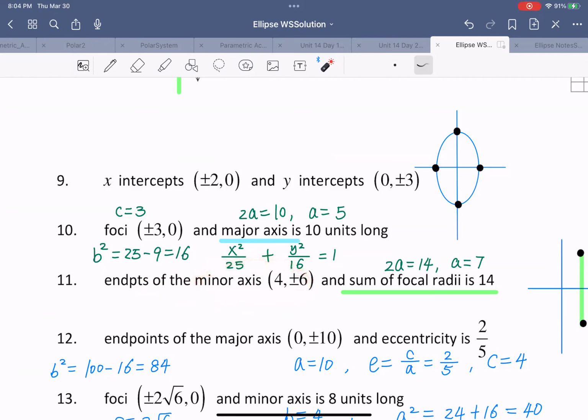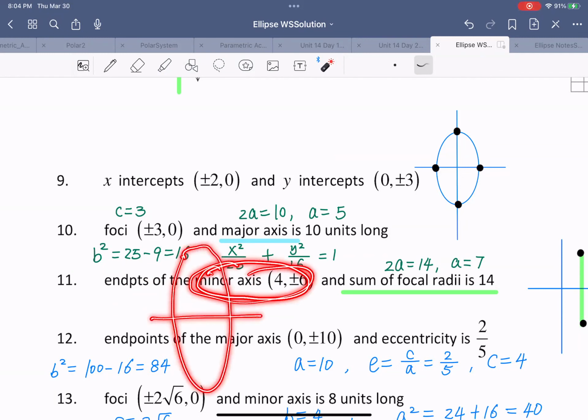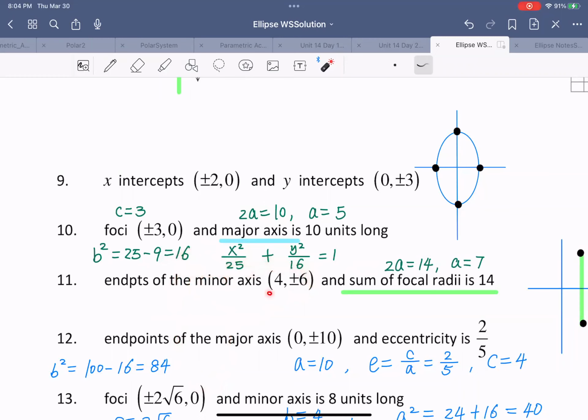Yeah, so that means the minor one is horizontal, so the major one is vertical. Makes sense now? Okay. So the first minor endpoint is (4, 6). The second minor is (4, -6). So the center is the midpoint. What's that?